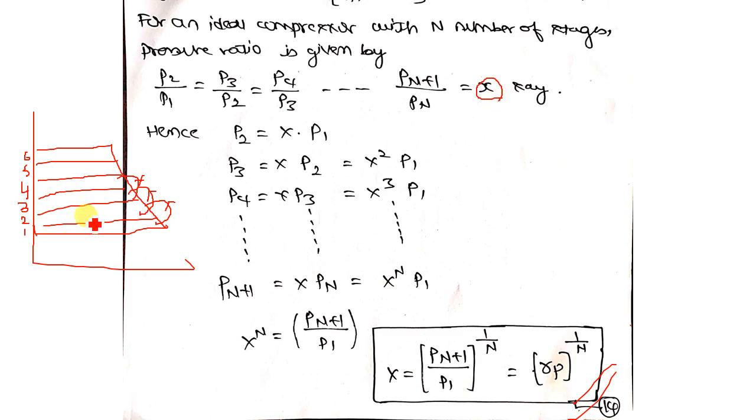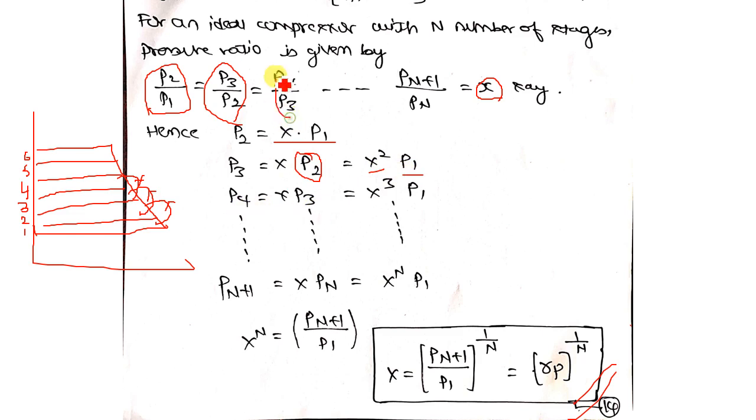So if I substitute P2 as x times P1, x into x will be x square, and P1 as it is. Similarly, P4 by P3 is x, so P4 is equal to x times P3. I know the value of P3 which I have just derived, that is x square into P1. If I substitute P3 as x square into P1, x into x square will be x cube, P1 remains.